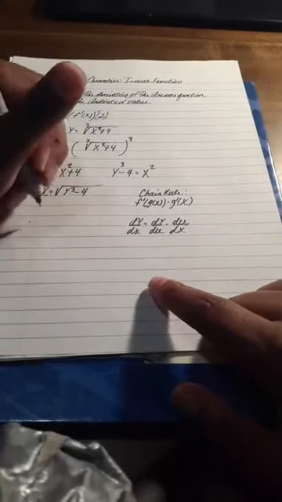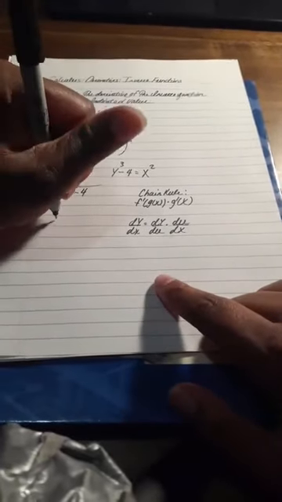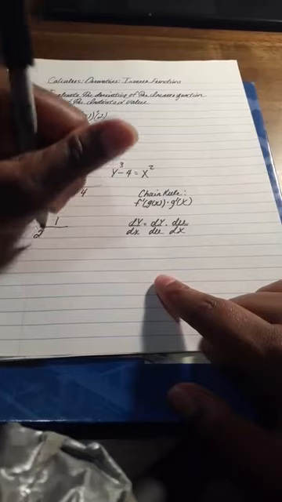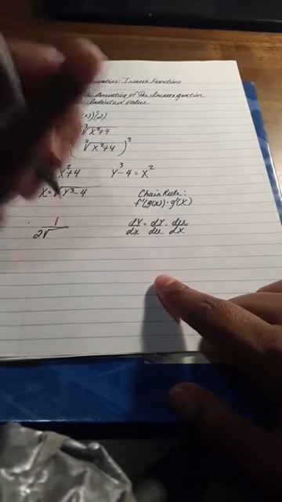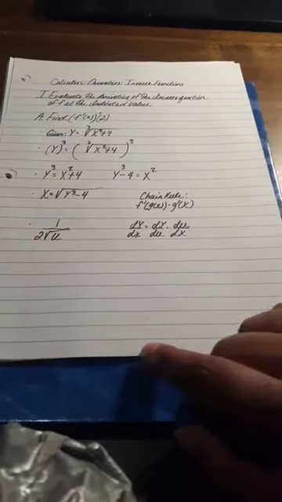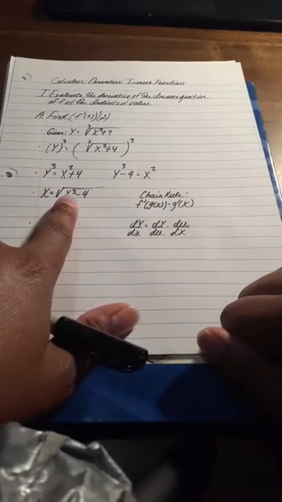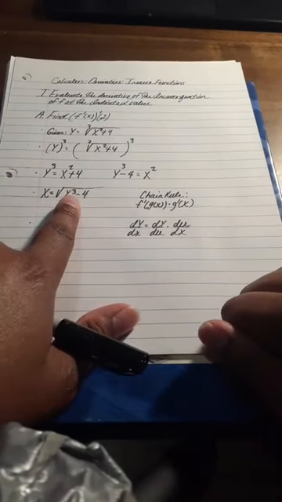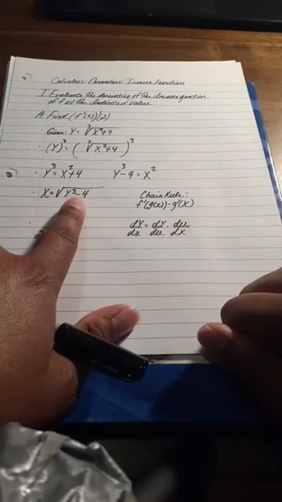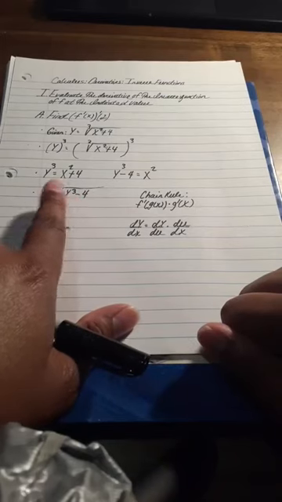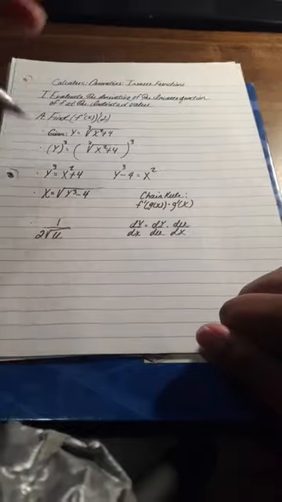So we know that the derivative of the square root of u would be 1 over 2 times the square root of u. And then the chain rule says that we take the derivative of the inside, in this particular case with respect to y, so we would take the derivative of y cubed minus 4, which would be 3y squared.